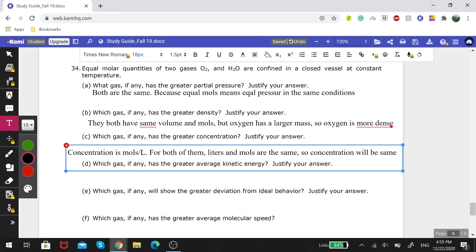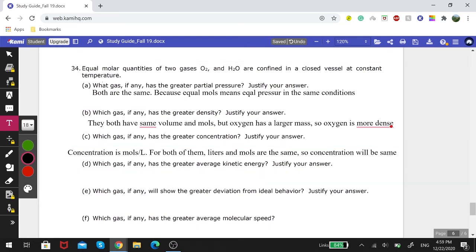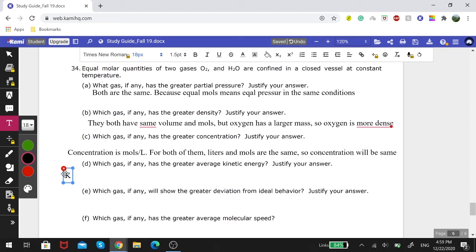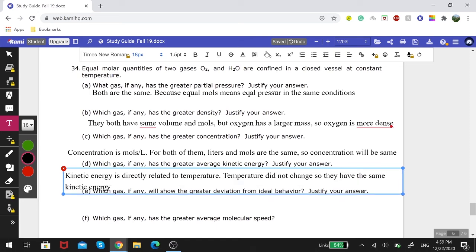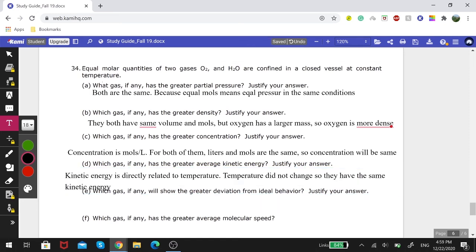Which gas, if any, has greater average kinetic energy? Now this one we learned that kinetic energy is directly related to temperature. Temperature did not change, so they have the same kinetic energy. Which gas, if any, will show greater deviation from ideal behavior?